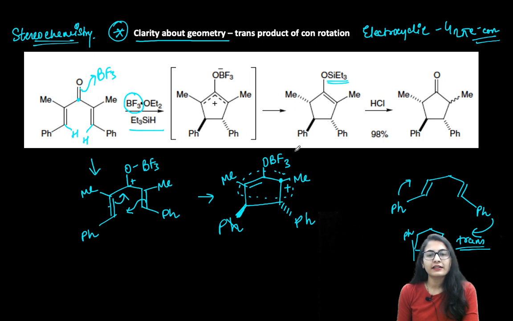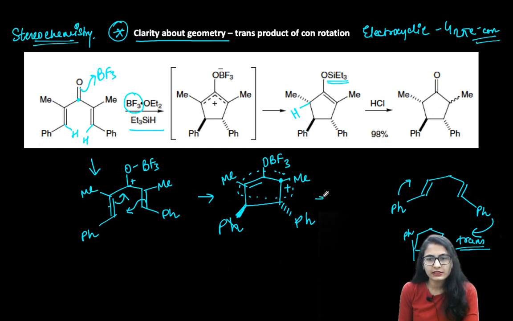One of the hydrides is going to be lost, and that hydride is going to attack on the carbocation, and you get your hydrogen over here. So see, it's just the opposite that has happened. Here the hydrogen got added over here, and I have made a carbocation over here.